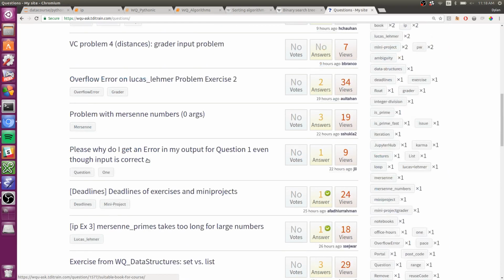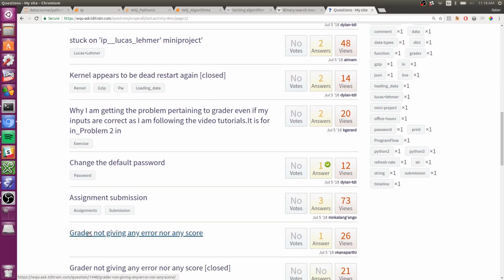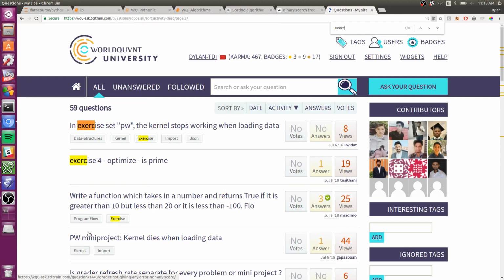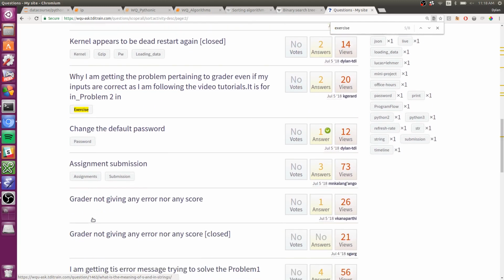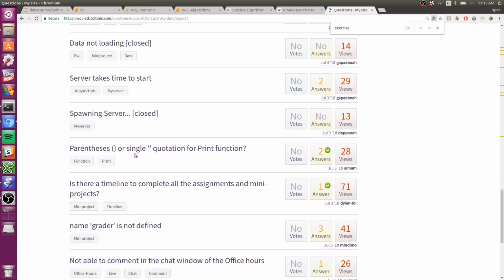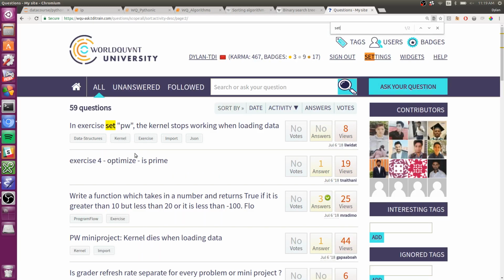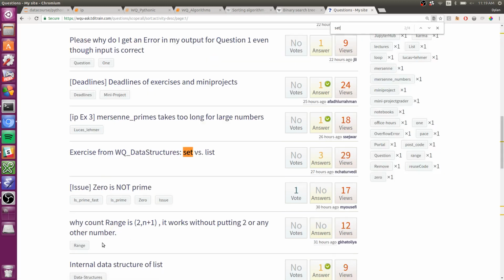How did I ask this again on other cases? Set versus, it's not on this page. There we go. Exercise from, okay.